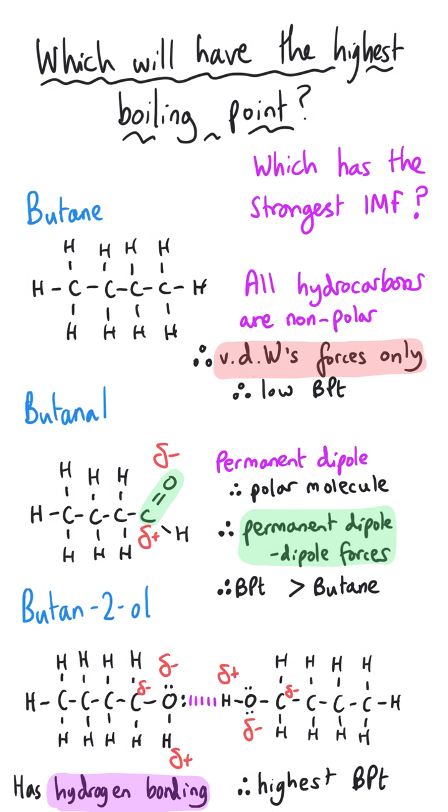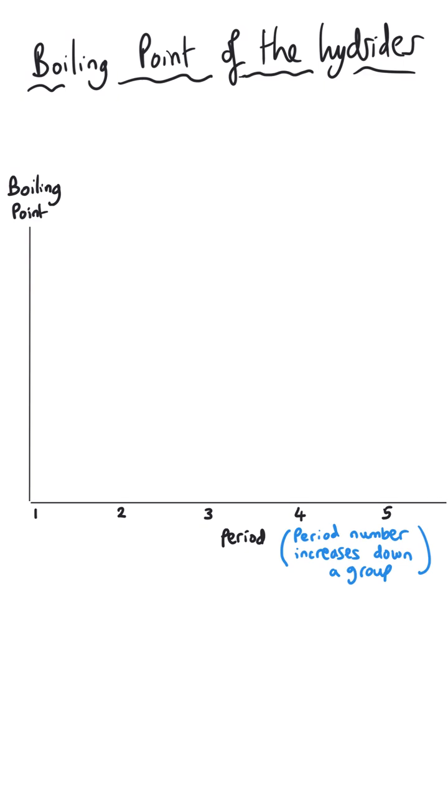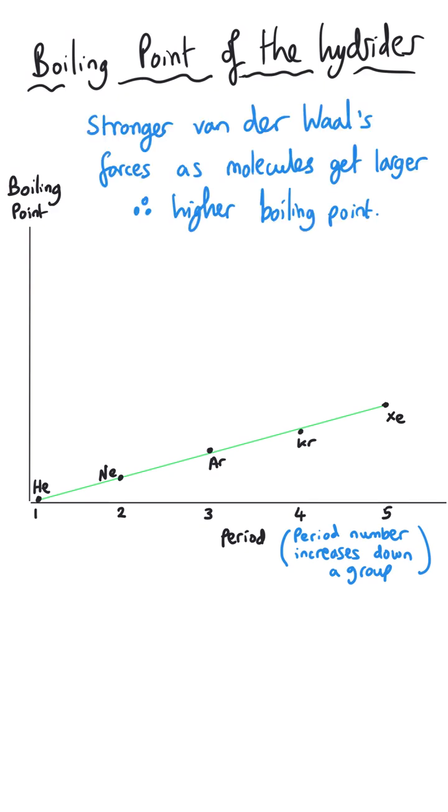as a result of that. In an exam question, you might be asked to interpret a pattern in boiling points as you move down a group. So, for instance, as we've already mentioned, the noble gases, as we move through the different periods, the intermolecular forces, those van der Waals forces, get stronger, and so the boiling point increases. And then the same thing can be applied to the hydrides.